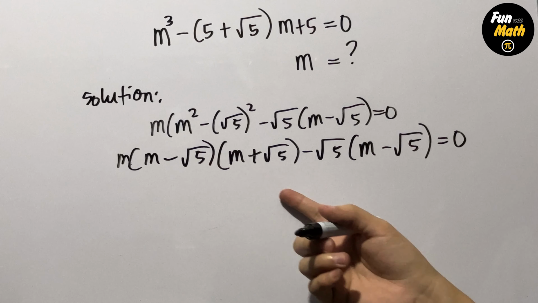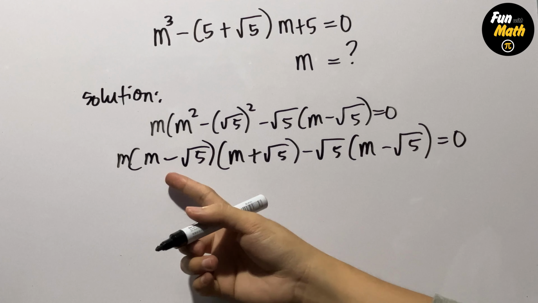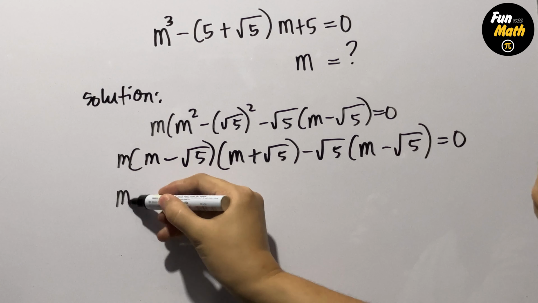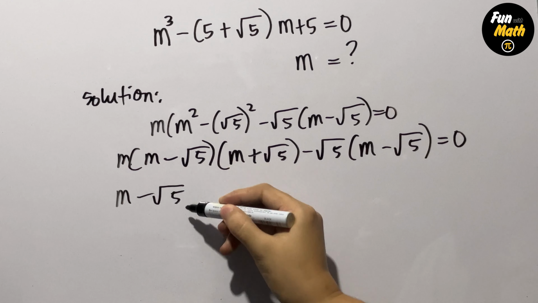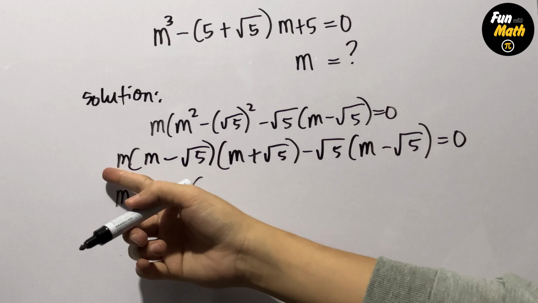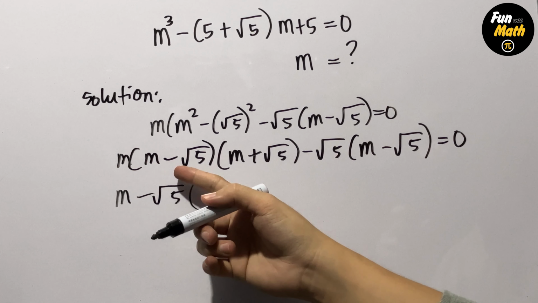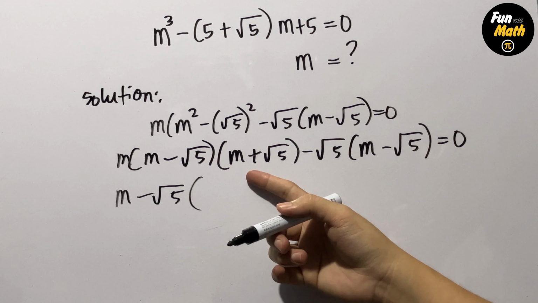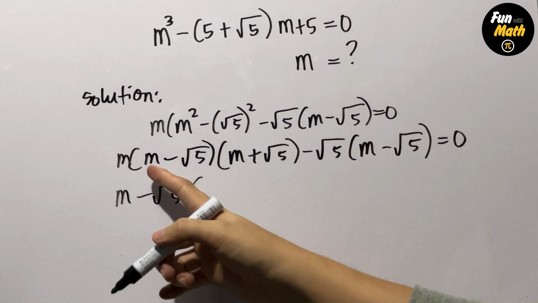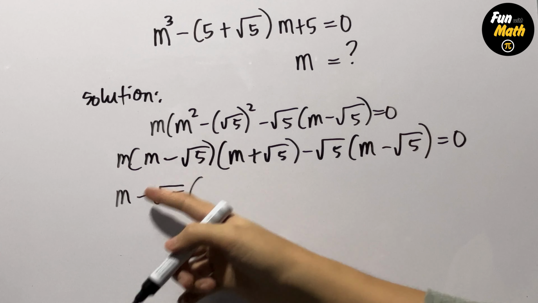Now, if you observe, we have the common m minus square root of 5. So we can take it out. m minus square root of 5. Then factor, let's multiply. m times m minus square root of 5 times m plus square root of 5 divided by m minus square root of 5. This will be cancelled.